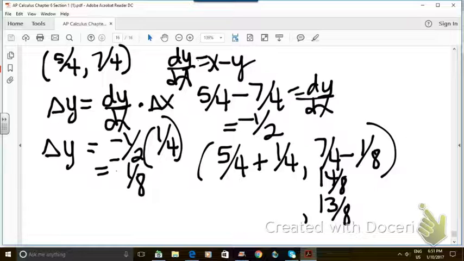And over here we have 5/4 plus 1/4 is 6/4, or 3/2. So my new point is going to be 3/2, 13/8. I'm going to clear the screen so that I can show the next step. So 6/4, 13/8.